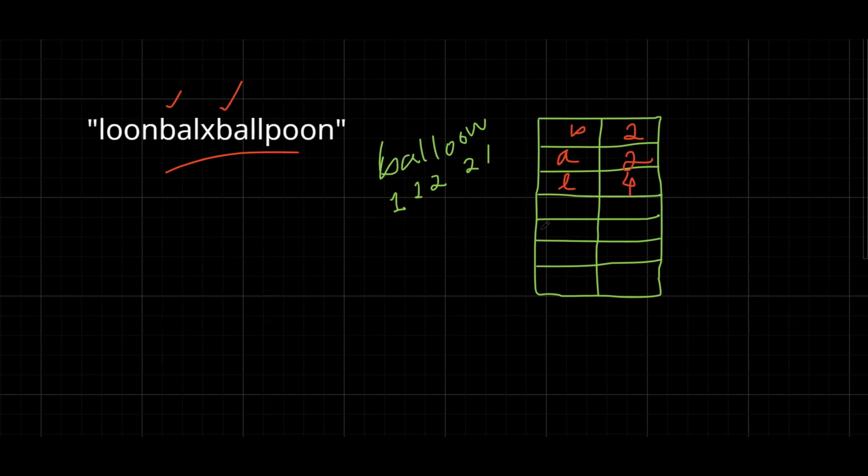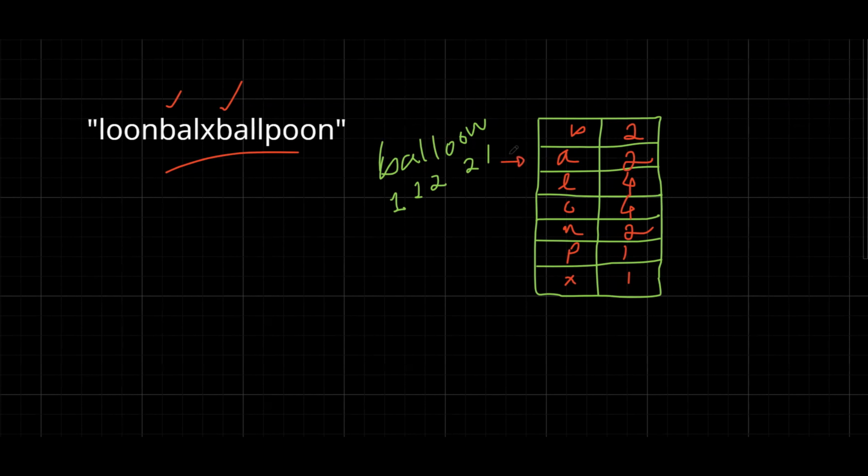The frequency of O is 4. The frequency of N is 2. The frequency of P is 1. And the frequency of X is 1. Now, we have to make the word balloon by using these frequencies.